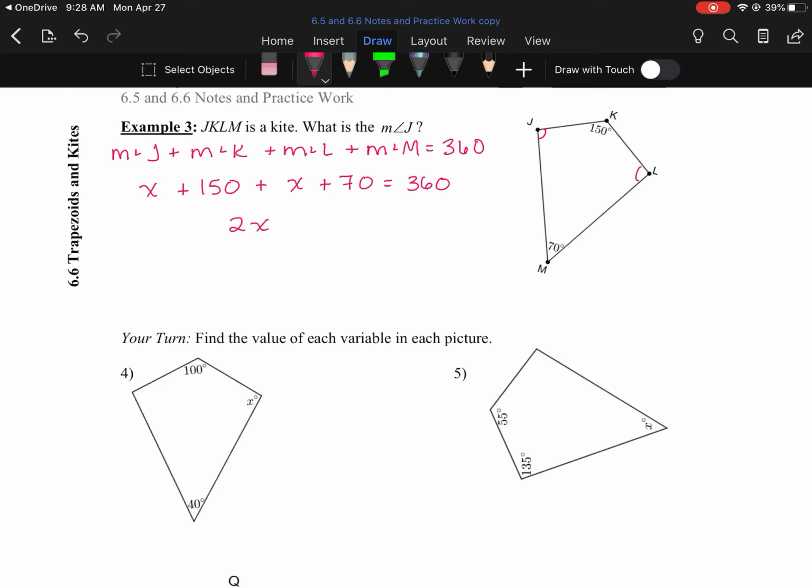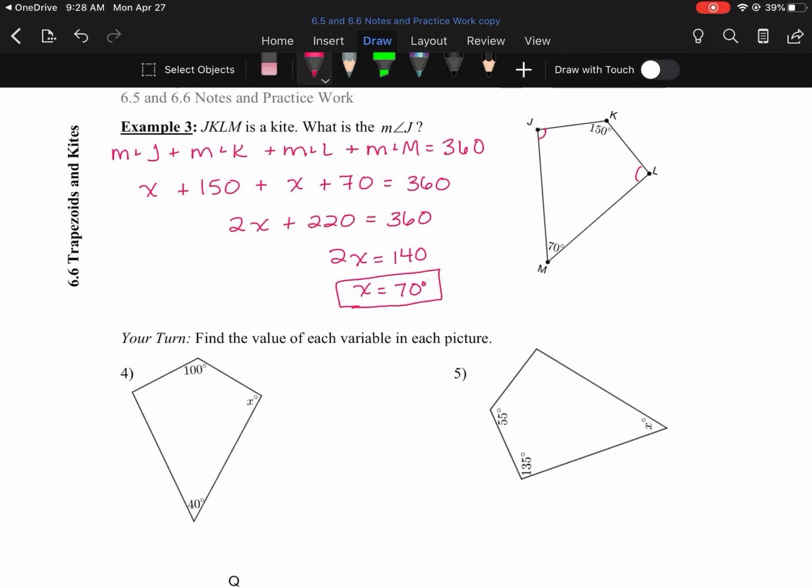So combining like terms, we're going to get 2X plus 220 is equal to 360. 2X is going to equal 140. And X is going to be 70 degrees. Trust me, I know those two do not look the same as M, but that's how it works out.